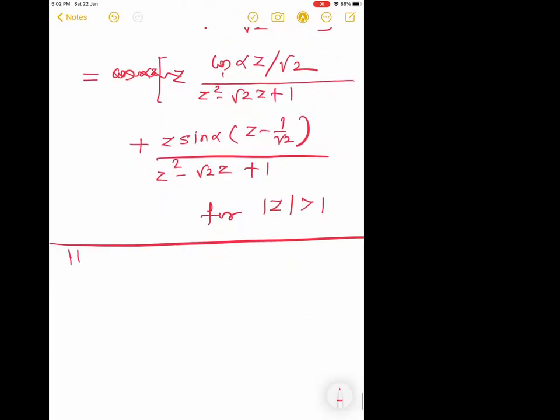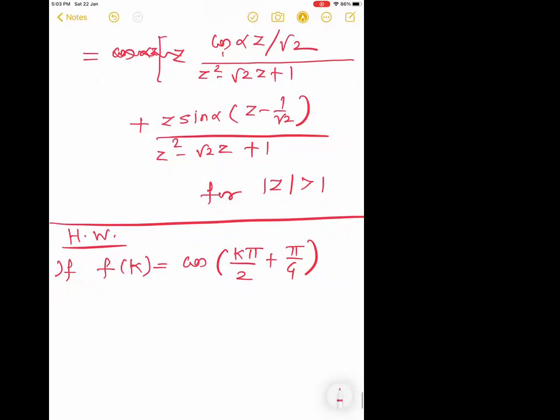So as the homework, you can try this one. If f of k is equal to cos of k pi by 2 plus pi by 4, if this is a function for k greater than or equal to 0, find the transform F of k.